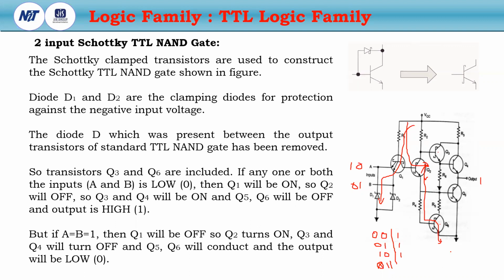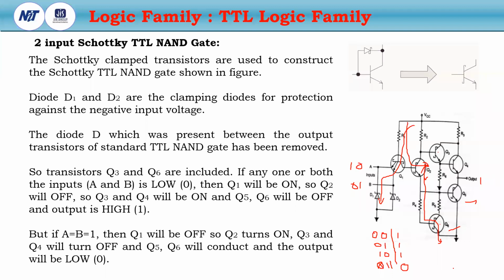It will drive the transistors Q5 and Q6, and Q3 and Q4 will be in cutoff. As Q5 and Q6 are turned on, the output will be grounded. So the output will be logic 0. Clear?